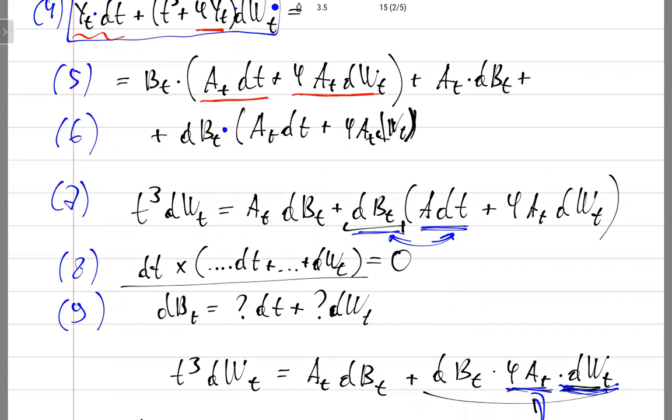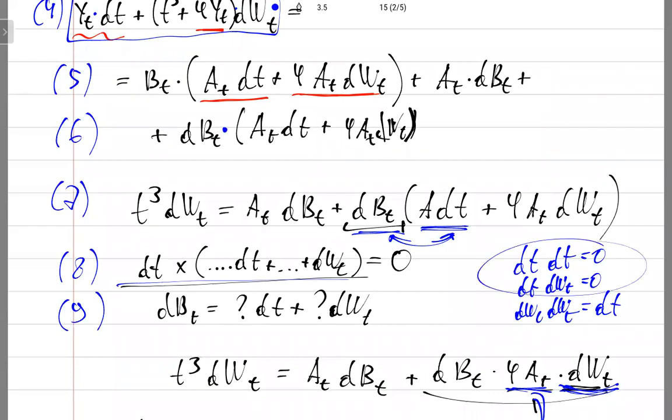Maybe I don't understand something, but I thought that Ito's lemma was about... Ito's lemma provides us some symbolic rules. dt times dt is 0. dt times dWt is 0. dWt times dWt is, sorry, not 0, it is dt. Yeah, now I see where it comes from. Thank you.